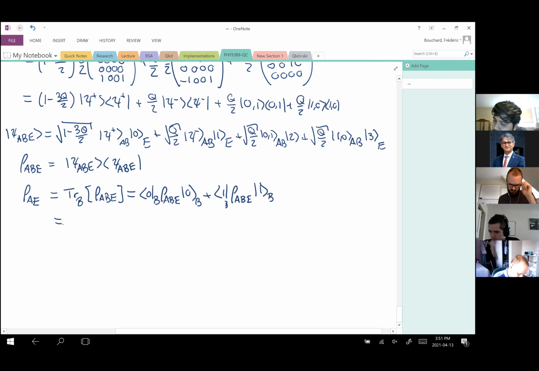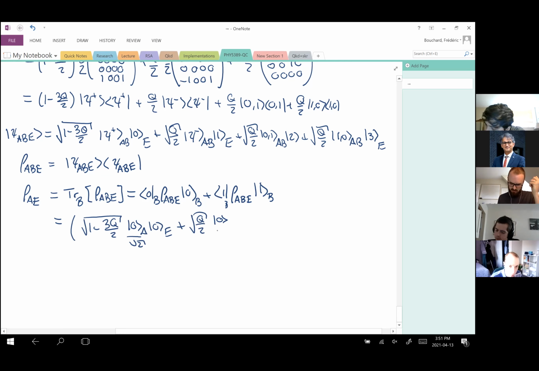So let's calculate this. So if we look at psi ABE and then project 0 on psi plus, that will give us the state in A, which is 0, and E. Okay. Oh, and there was a square root of 2. Okay. Then the same thing for psi minus 0, square root of 2, 1. It's Eve.